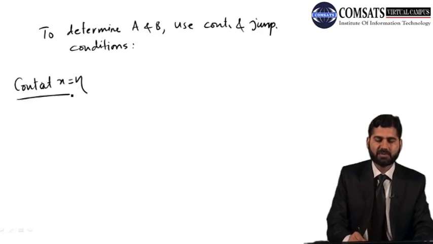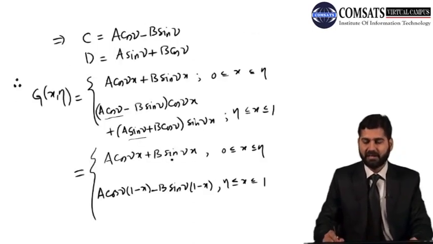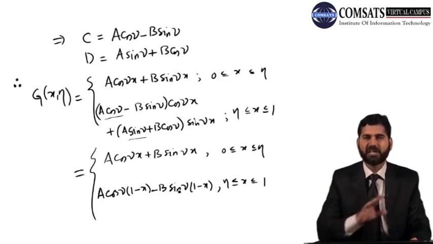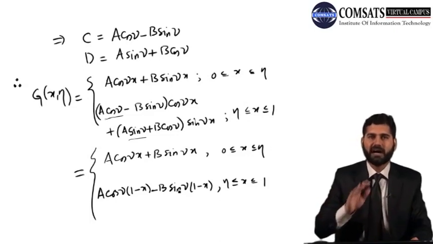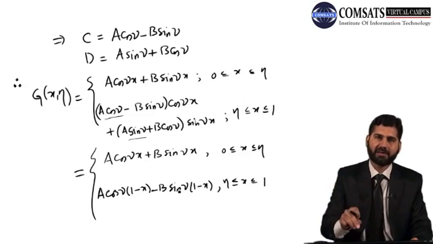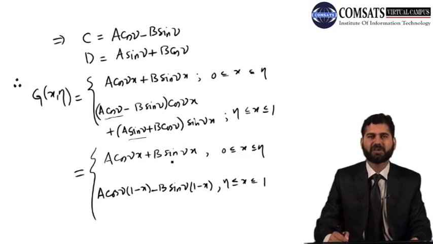Why again at x is equal to eta? Because if you look at this function, from 0 to eta, we have just cosine and sine functions. They are always continuous. Again, between eta and 1, we have sine and cosine functions, again continuous. So there is no issue of continuity other than at x is equal to eta. We may have an issue when x is equal to eta, because at eta we are jumping from this function to this function.